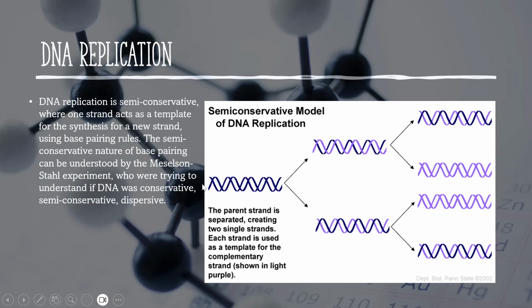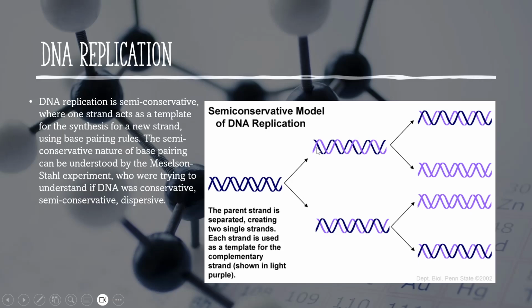So you're going to have one old strand and one new strand, which is why it's called semi-conservative. You conserve one DNA strand and you make another DNA strand. And this happens through base pairing. So if I open up one side, T matches with A, G matches with C. So that's how the nucleotides form.